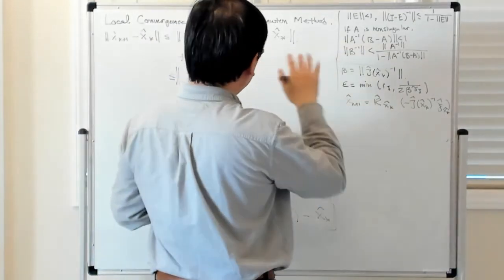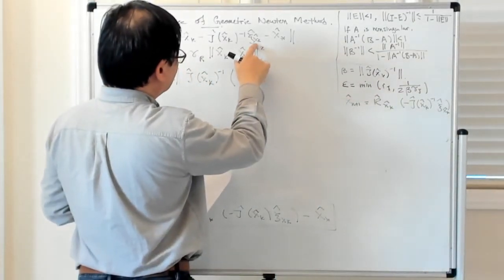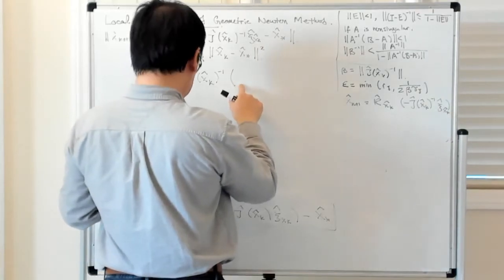I should mention that the vector field at x star is 0, so it doesn't hurt to add that term here.